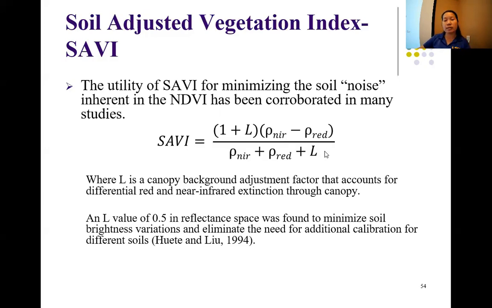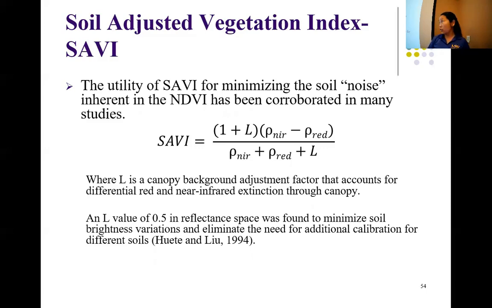L is a canopy background adjustment factor that accounts for differential red and near infrared extinction through the canopy. They also experimented and tested the value and found that an L value of 0.5 in reflectance space was found to minimize soil brightness variation and eliminate the need for additional calibration for different soils, which means that you can simplify this method by just giving L a value of 0.5 and then calculating this equation.